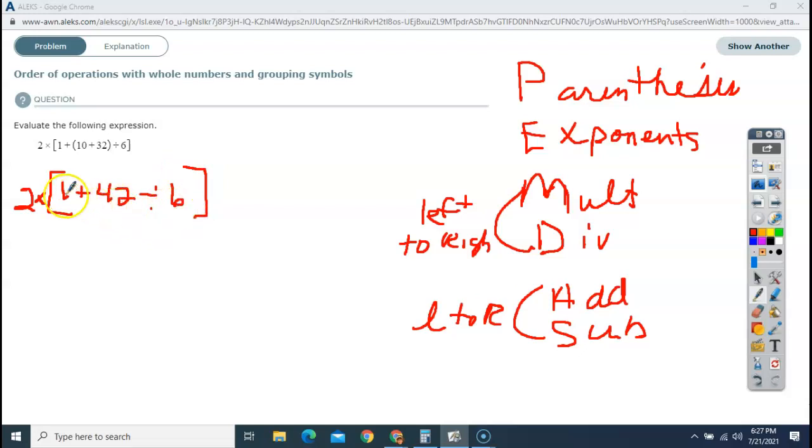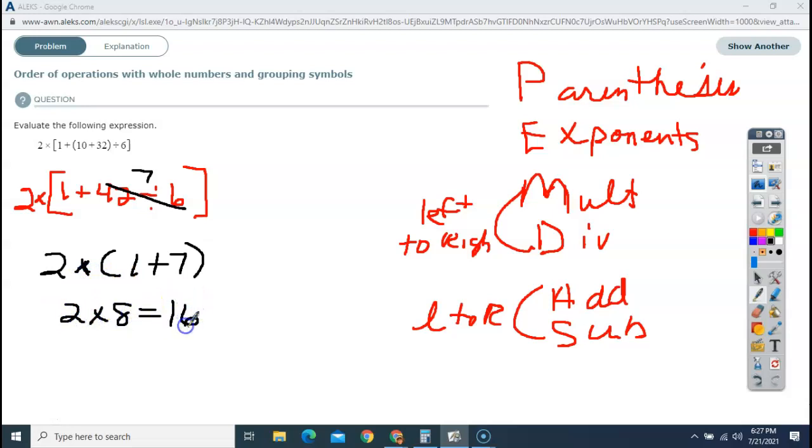So division comes before the plus. So 42 divided by 6 is 7. So then we have 2 times 1 plus 7, which is 8. And the last thing we do is 2 times 8, which is 16.